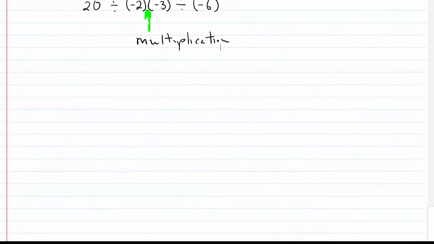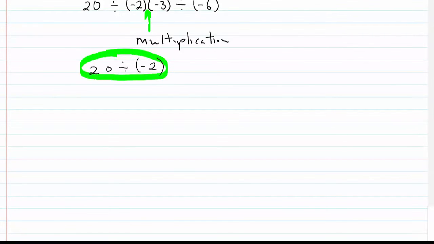So since the problem only contains multiplication and division, I can work left to right. So 20 divided by negative 2 first. And when I'm finished with that, I will multiply the result by negative 3, and then divide the result of that by negative 6. Since the signs here are different, my answer will be negative: 20 divided by 2 is 10, negative.